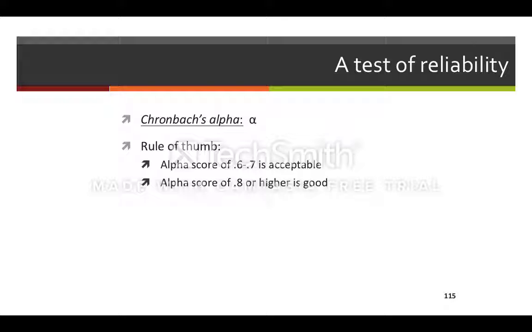And the closer the number is to 1, the more reliable the measure is. There's a formula that arrives at this that we're not going to get into in this course, but all you need to know is that if someone says the Cronbach's alpha is 0.6 or higher, the reliability of the instrument is acceptable. And if it's 0.8 or higher, so 0.8 is very close to 1, the test is reliable.